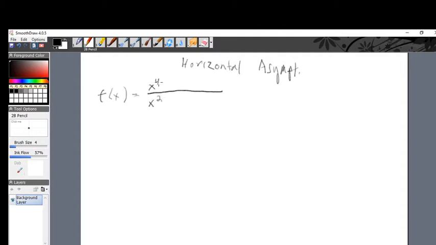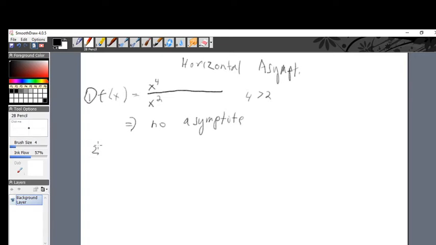So is 4 bigger than 2? Yes, 4 is greater than 2. So what's the conclusion? This is going to be more straightforward than you think. All you have to conclude, if you see that, is that there's no asymptote. Okay, that was case 1.